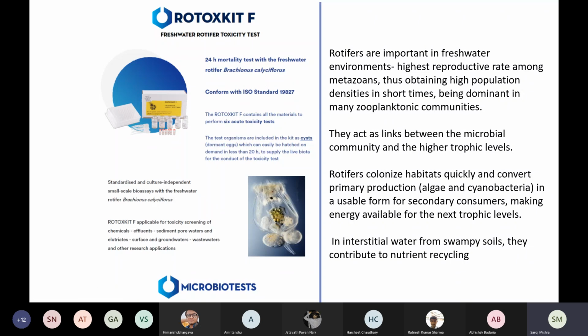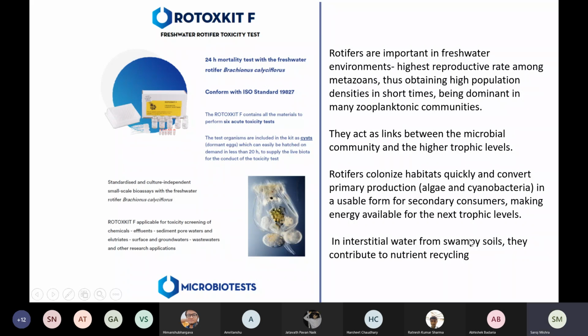Please pay special attention: in all these tests, you are choosing organisms from every trophic level. That's the reason why in ecotoxicology we say we are checking the toxicity of the ecosystem, that is, all representatives of the ecosystem. That's why you are not just saying a toxicology test, you're saying an ecotoxicology test.